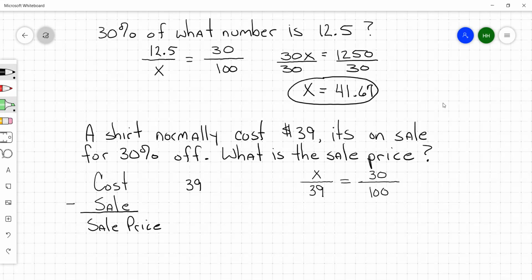Once you get your setup, it's the same from here. Crisscross multiply: 100x equals 30 times 39, which is 1170. Divide both sides by 100, and x is equal to 11.70.